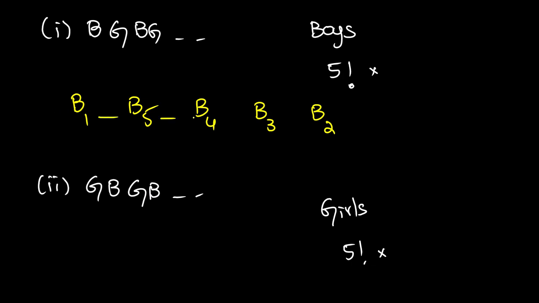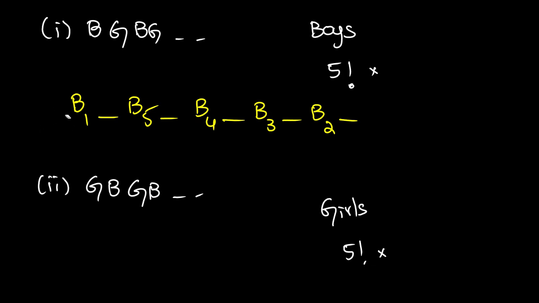But here, you may also argue with me, sir, when you have 5 boys, why can't you take the before slot? I can't take this one before because starting with girl is counted separately as the second case.